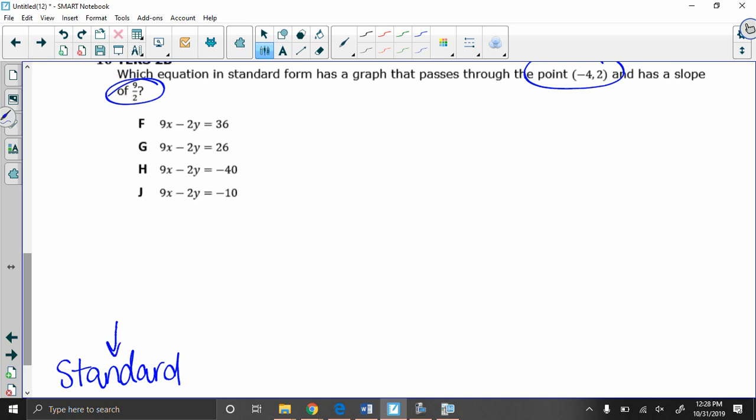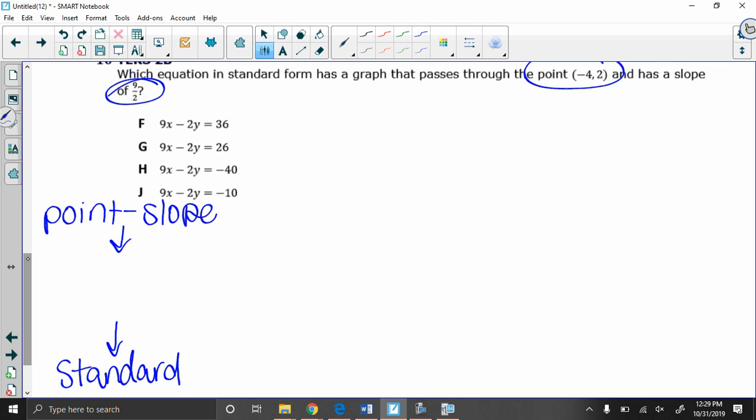So this is my goal. But they give us a point and a slope. So automatically, we have to go with point slope form.